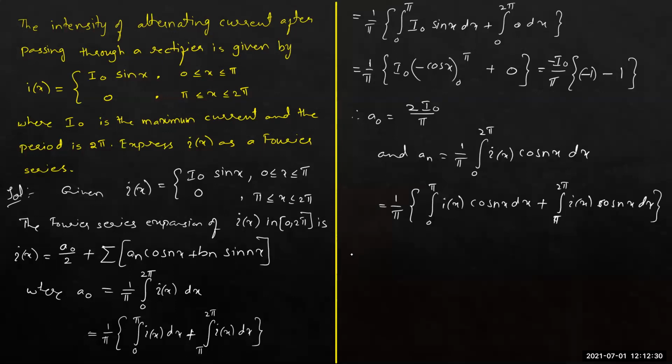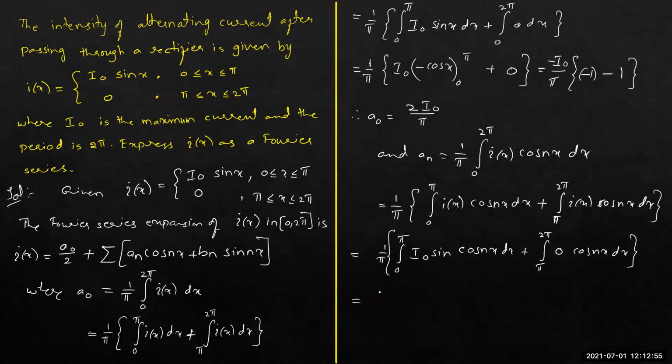Then see how much this value is. It is equal to 1 by pi into integration from 0 to pi, I of x is I naught sin x into cos nx, plus integration from pi to 2 pi, it is 0 into cos nx dx.